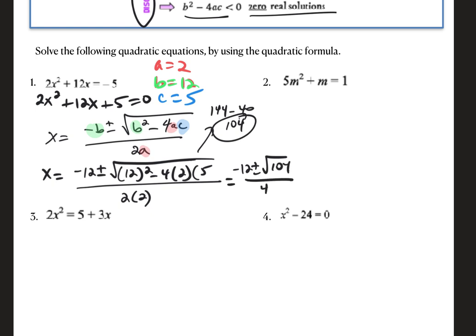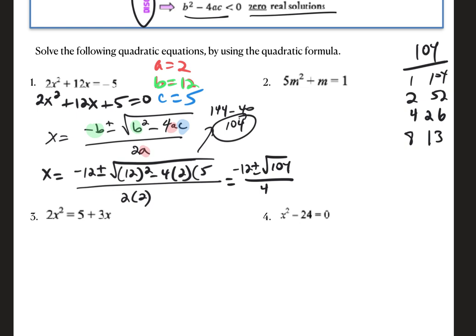Now, if I could simplify 104, that would mean that I have perfect squares that I could pull out of it. So I'm going to just see really quickly, 1 times 104, 2 times 52, 4 times 26, 8 times 13.